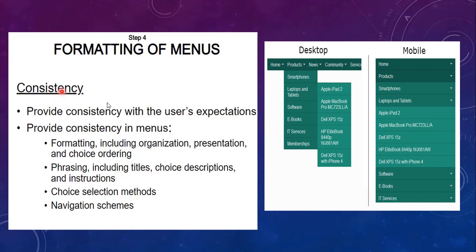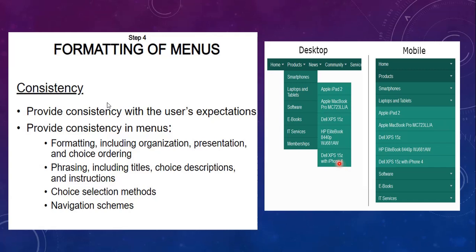So what do you mean by consistency? That means when the menu is being displayed, you may have certain properties. The display properties have to be the same in every screen. For example, you take a menu that is being displayed on the desktop, and you have got a sub menu.